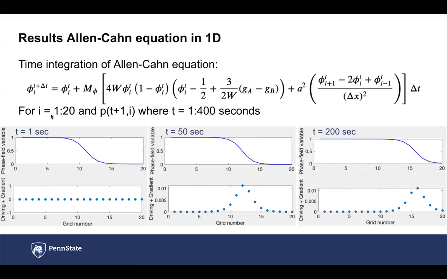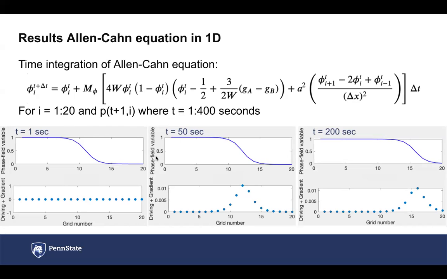So for i, 1 to 20, which is our grid number, we use that to calculate our phase field phi at i, and our total time range is 1 to 400 seconds.